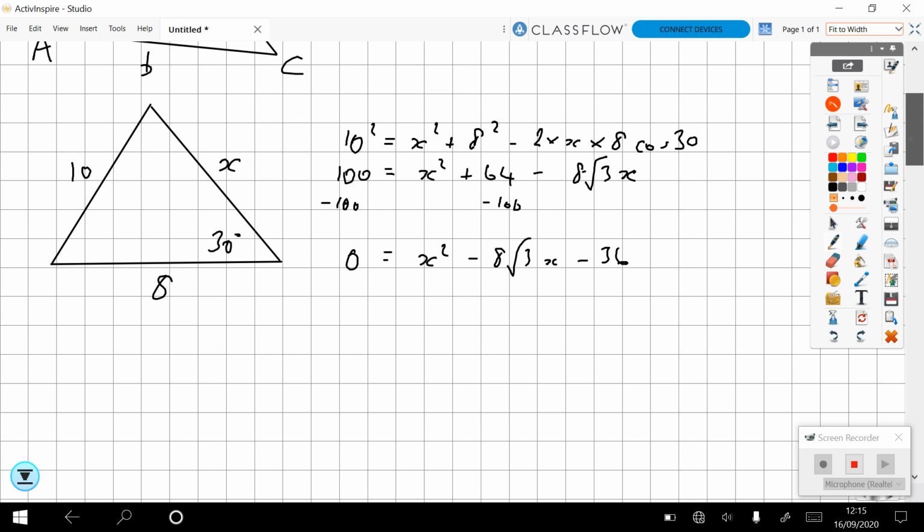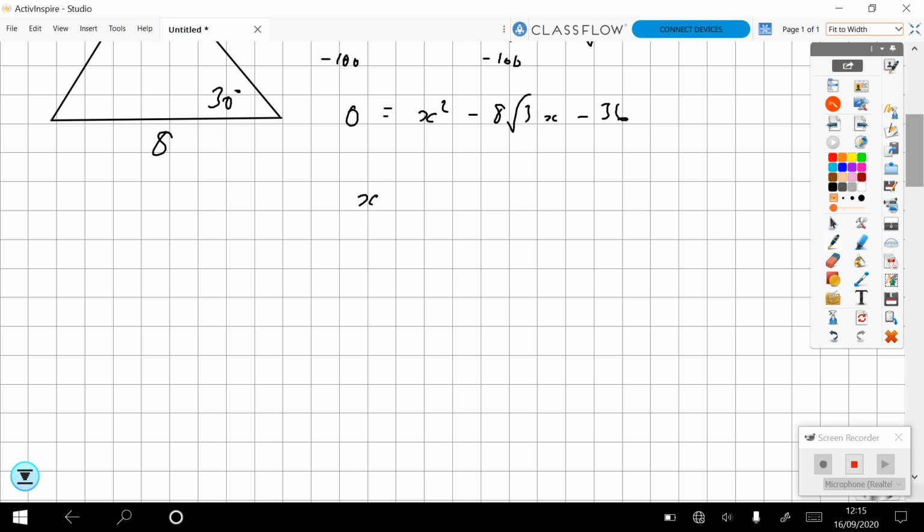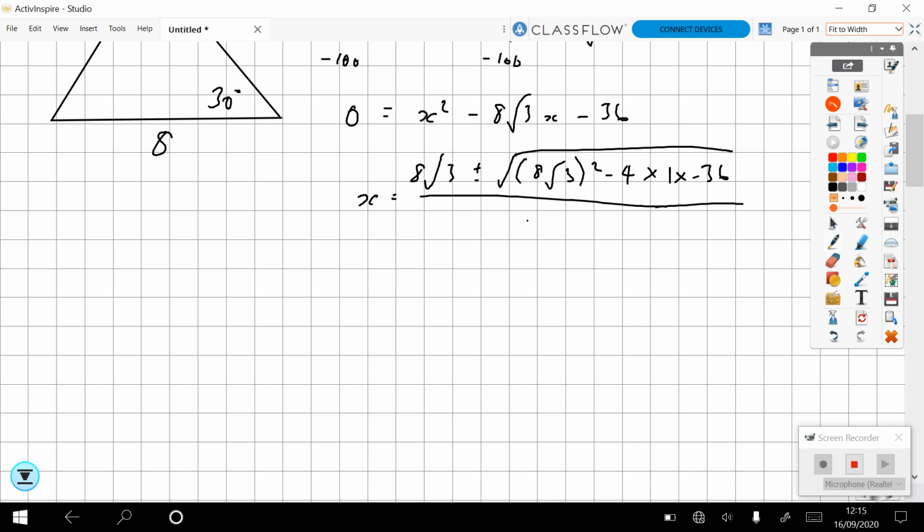The quadratic formula says that x equals negative b plus or minus the square root of b squared minus 4 times a times c, all over 2a.